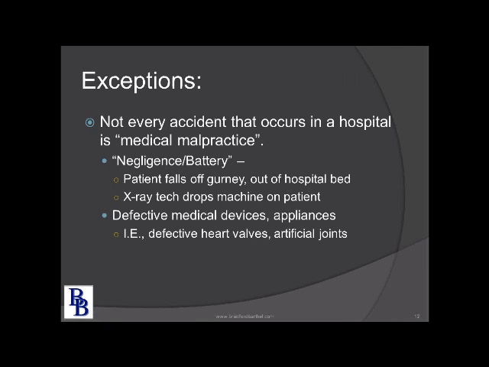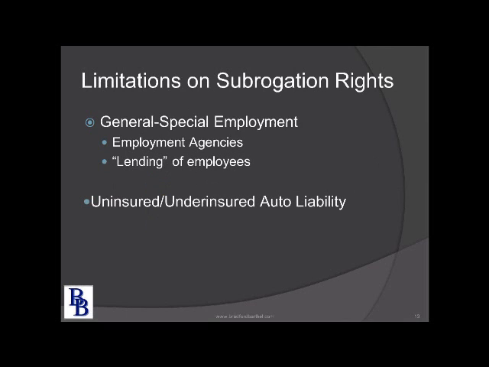Let's talk about another exception, and this is a big one. This is the general special employer exception. Let's say you're an employment agency. You send your employee off to work in a factory, and while he's working in that factory, one of those factory workers commits negligence, runs him down with the forklift. That looks like it ought to be a third-party case. No, it's not, because what you've got is a general special situation.